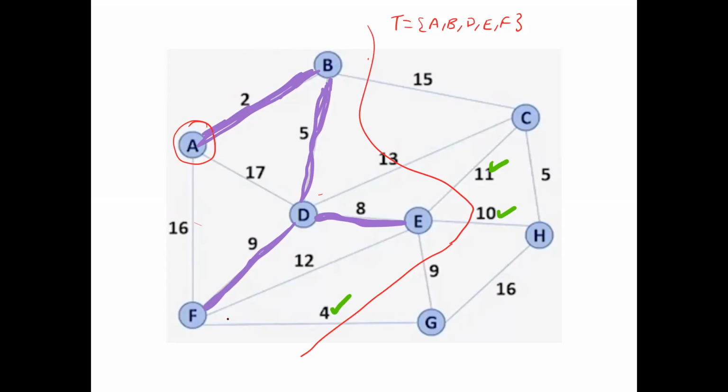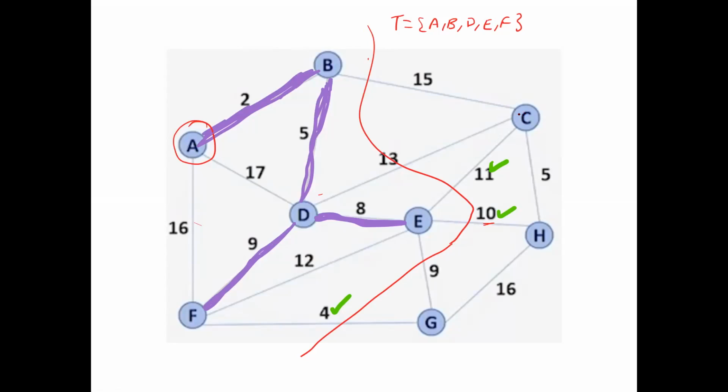If you consider the vertex H and its connectivity to this partition, shown in violet color line, inside this boundary of red color, the considered edge is only one, that is EH, which has a cost of 10. So this edge will be considered.